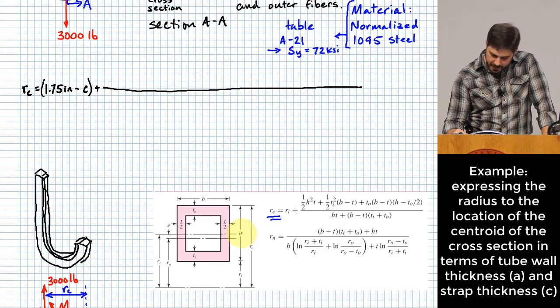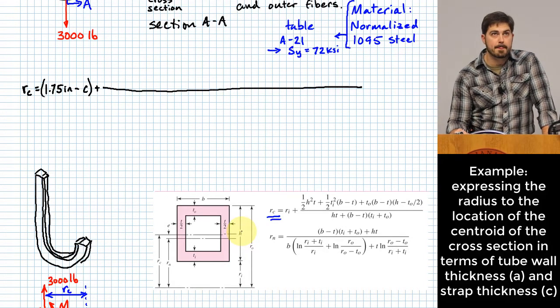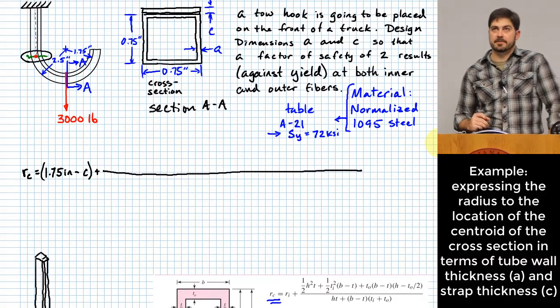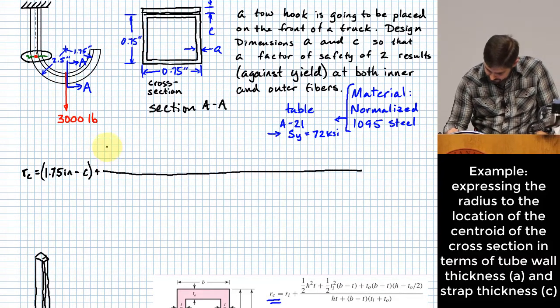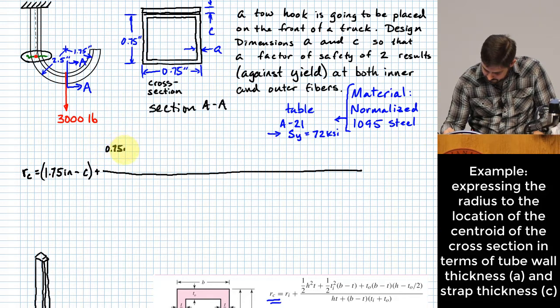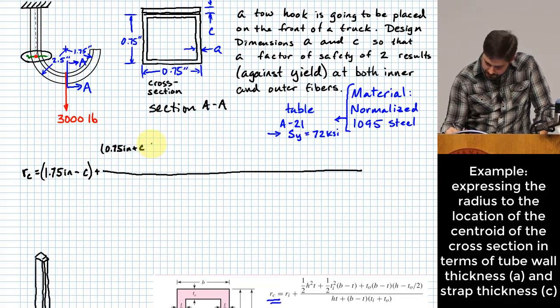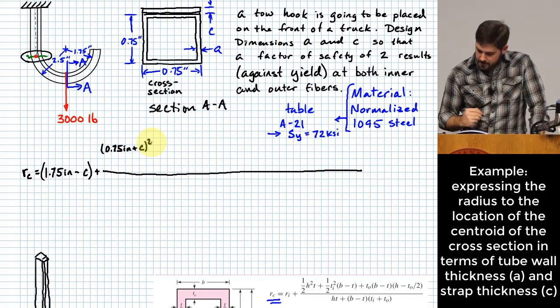H is going to be 0.75 inches plus c, and that value is going to be squared. Then we need t.